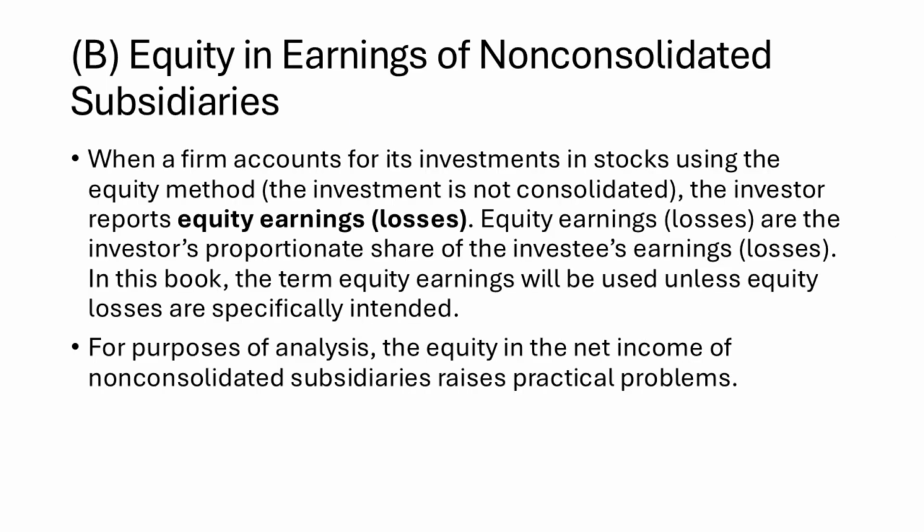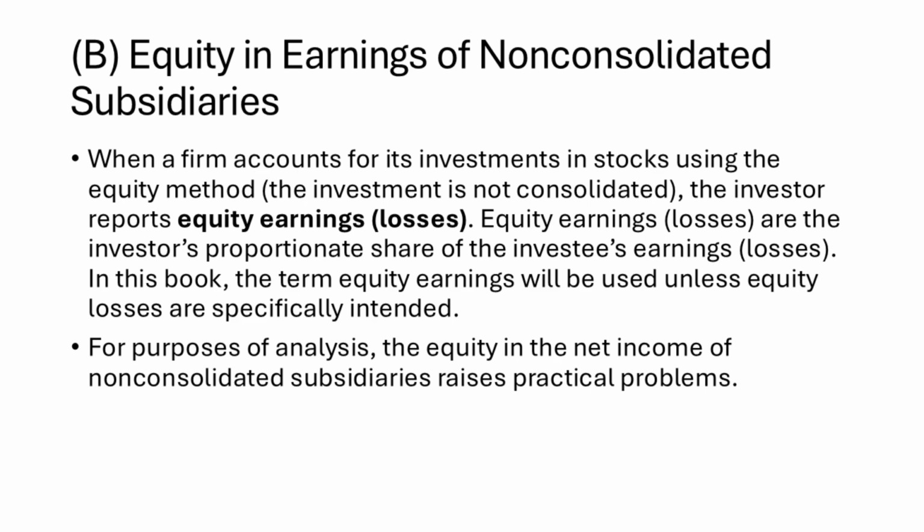The second special item of the income statement is the equity in earnings of nonconsolidated subsidiaries. When a firm accounts for the investee's stock using the equity method, the investment is not consolidated.